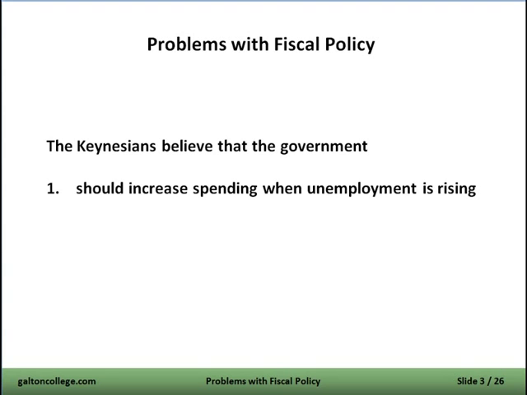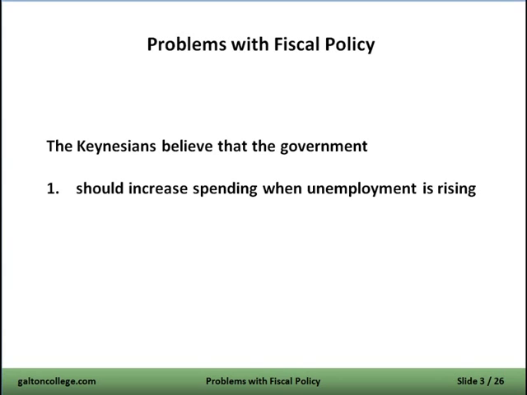So the government should intervene when unemployment was rising, and it should intervene by putting more money into the economy. Now, this normally entailed cutting taxation or increasing government expenditure. And in fact, what that normally came down to was the government putting more money in, government expenditure increasing.